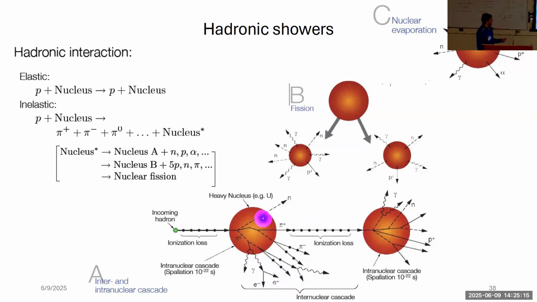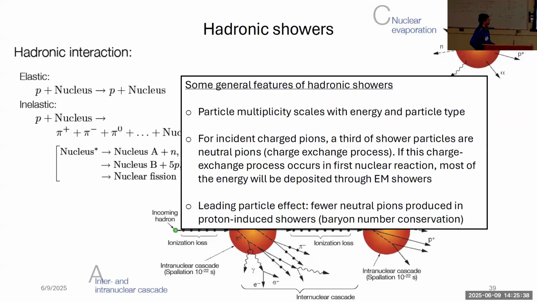And then after this, the nucleus will be left in an excited state. That excited nucleus can either evaporate or fission, which will produce either some neutrons and light charged particles or some medium mass particles. So there can be a lot of different particles produced at various stages of the interaction.